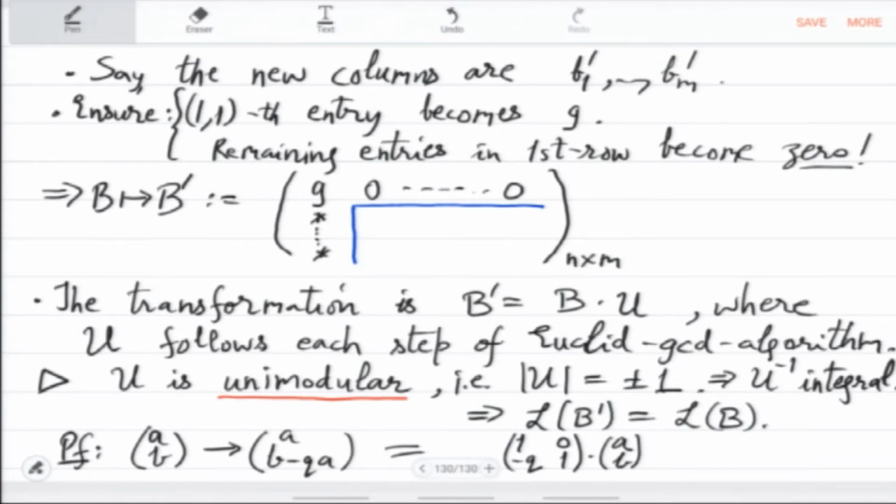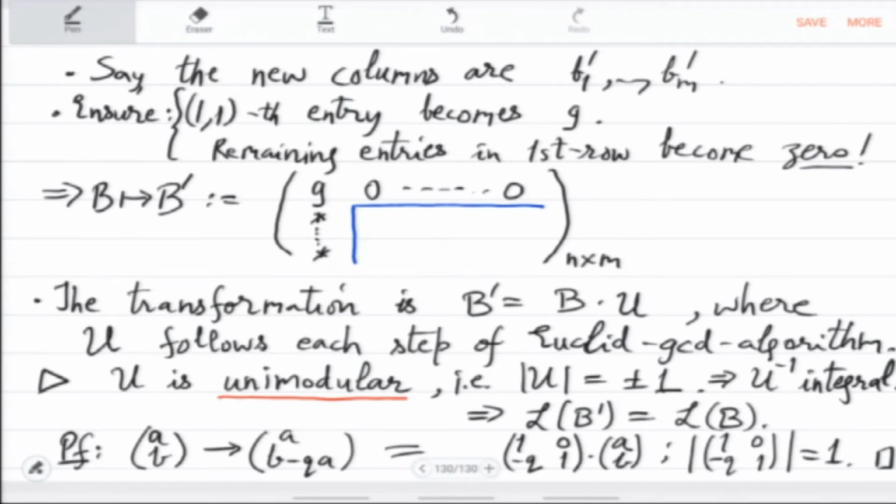And if you consider the determinant of this matrix, this determinant is 1. Okay, so this is the only thing which is needed to prove that U is unimodular, because in one step of Euclid GCD you are doing division, you are transforming two numbers, so a vector (a, b), to this by multiplying with a matrix which has a determinant 1.